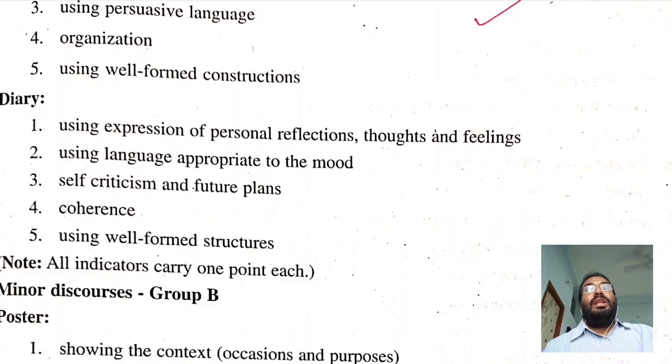In our textual or examination pattern, we will be asked, imagine that you are so and so, and write a diary entry. Then we have to write the diary entry in such a way that we are becoming that person. Then only we will be able to get marks for that.